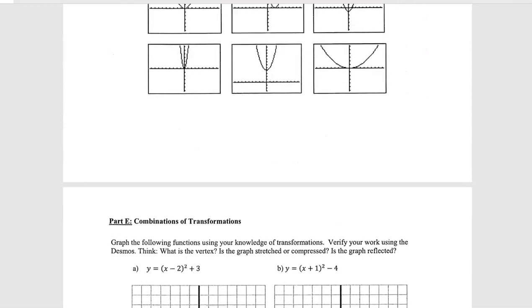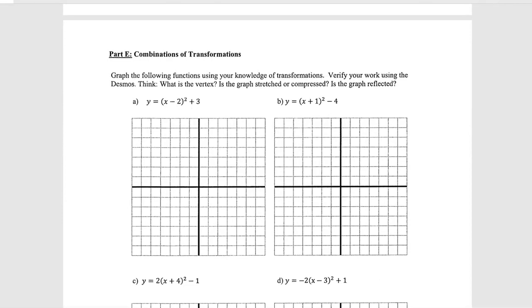Now I'm going to skip down to this final part, which is the combination of transformations, where we're putting things together. Instead of just one of these movements, we're doing a bunch of things at the same time. Where we have a +3 at the end, those are the vertical movements up and down.